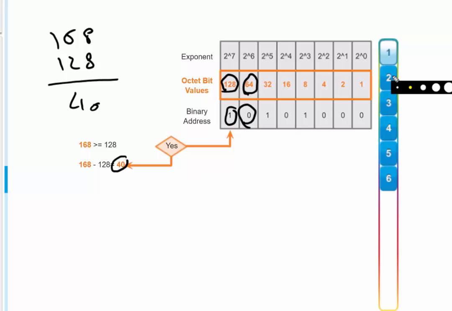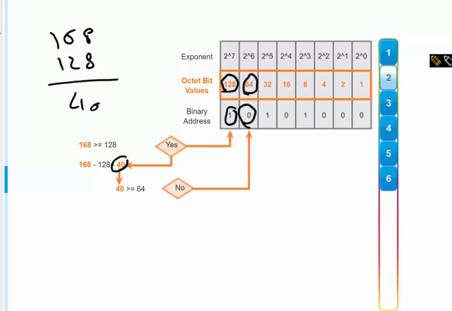That's what happens in the next step. If the answer is no, then we put 0, and then we switch to the next bit. If 40 is greater than 32, which in that case it is, then we put 1 here, and then we subtract 32 from 40. That's 8.